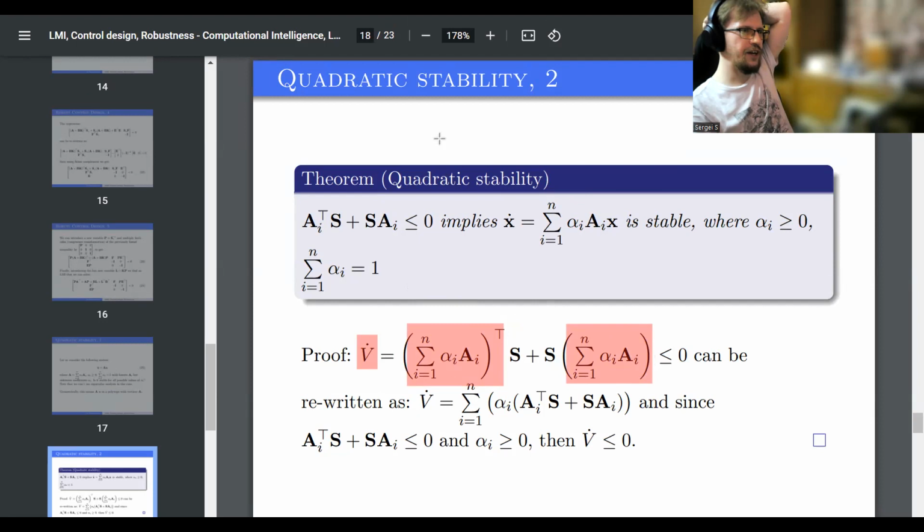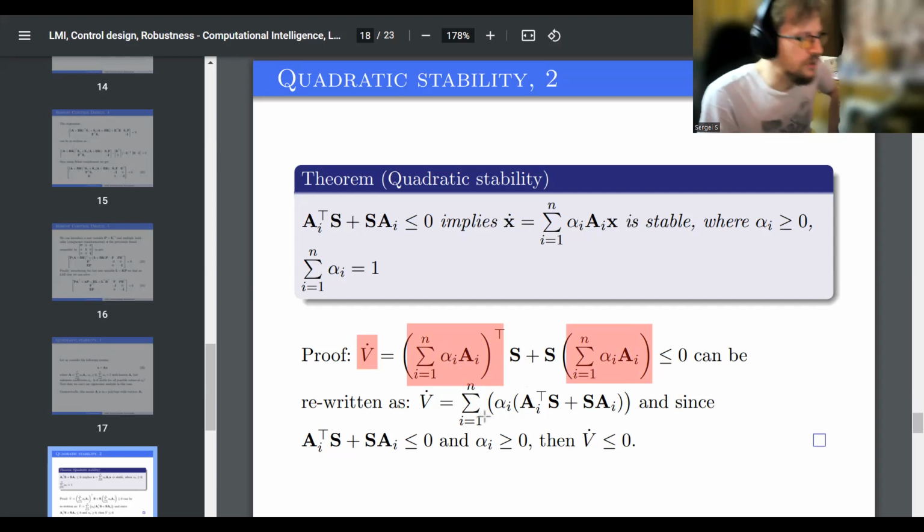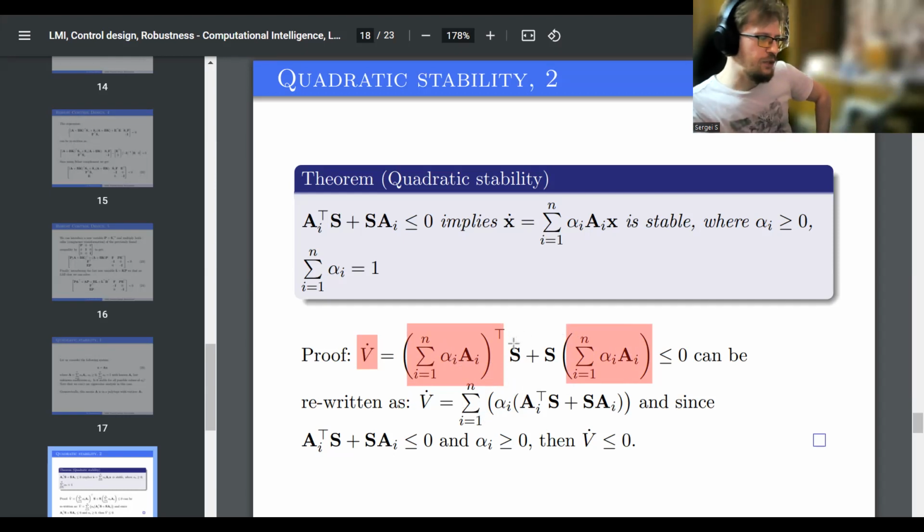Now we try to rewrite it. What we're trying to do is to put S inside the summation, so we have one summation. That is easy, and that's pretty much all we do. We just put S inside the summation.